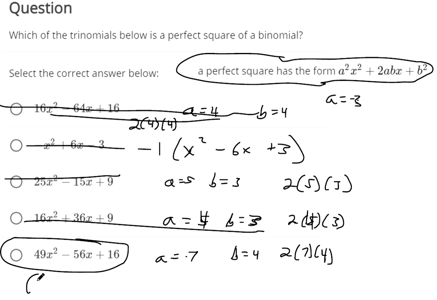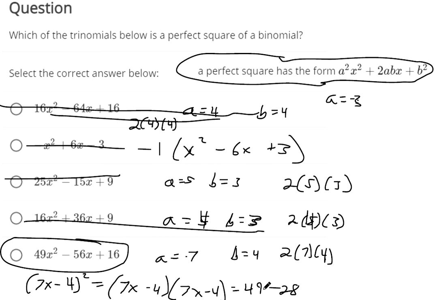So if you factor this, it's going to be (7x minus 4) squared. Okay, and then you could check that I made B be negative in that case. You could check it by multiplying those together. That gives us 49x squared minus 28x minus 28x plus 16. So that makes -56x when you combine those like terms. So that's our winner. That's the one that makes a perfect square of a binomial when you factor it.